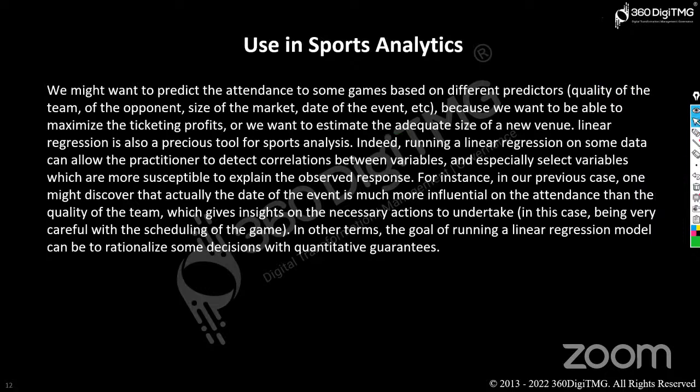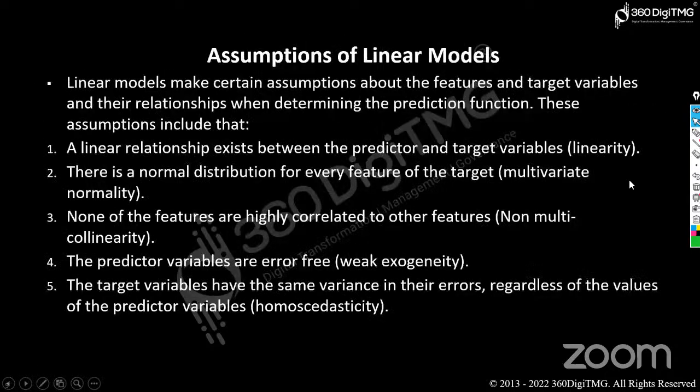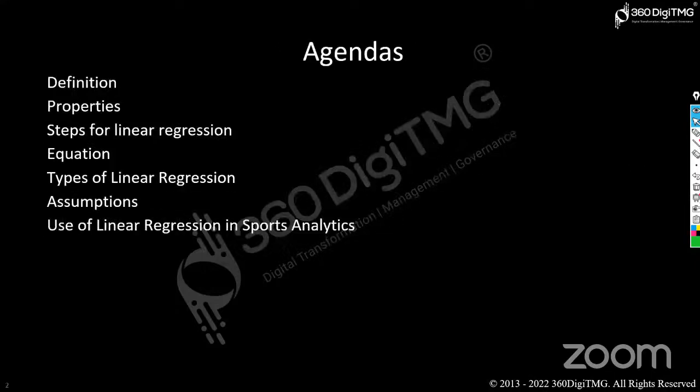That is all about our linear regression and its uses in sports. So what all things did we discuss till now? We discussed the definition, the meaning of linear regression.